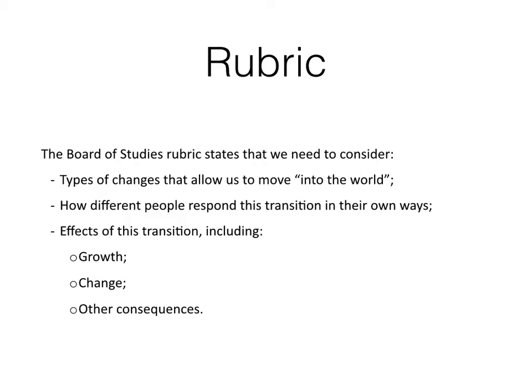So the Board of Studies rubric states that we need to consider types of changes that allow us to move into the world. That could be a physical change, an emotional change, a psychological change, or an intellectual change. What are the types of changes that allow someone to move into the world? Now, into the world can be two things.